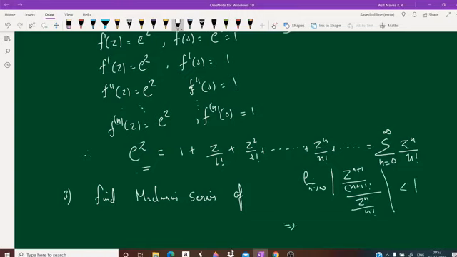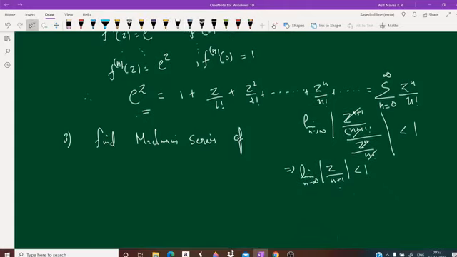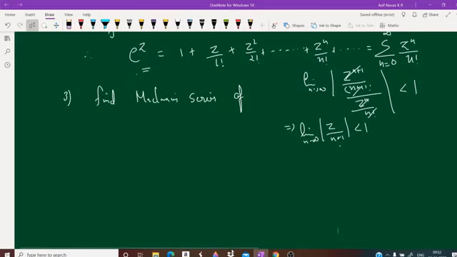Which implies you will get mod z divided by n plus 1 less than 1, limit n tends to infinity. That means mod z less than the limit n tends to infinity of n plus 1.